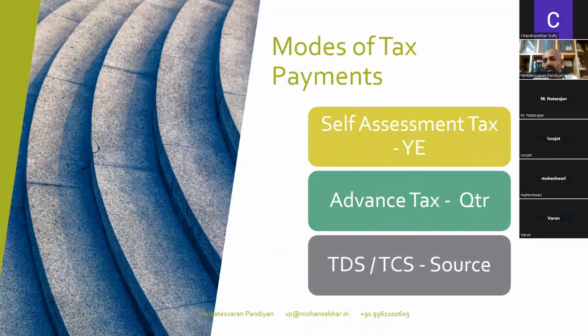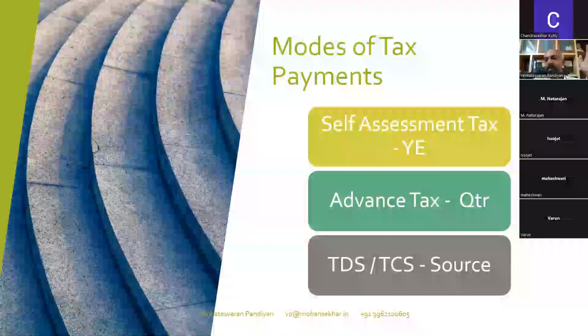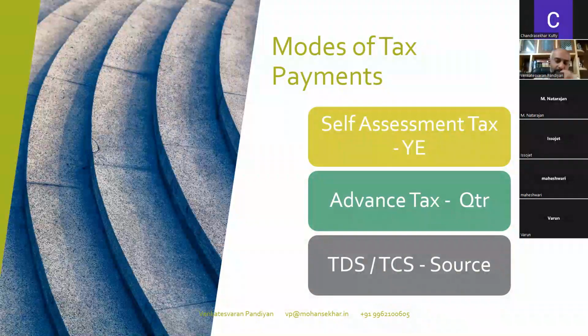Likewise for other quarters, it is 15th of September, then 15th of December, and then 15th of March. So by virtue of the provisions of income tax, you are expected to pay the entire tax liability by means of advance tax, in 4 installments.